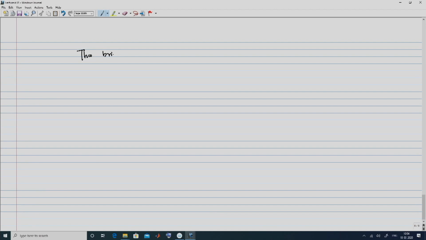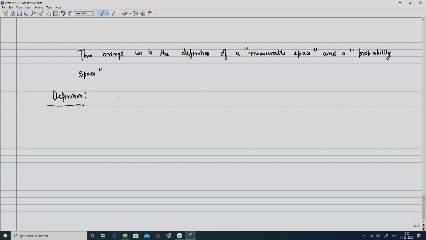Alright, so this brings us to the definition of a measurable space. So, we will first have to define what is a measurable space, and then we will define what is a probability space, just like we had done in the finite discrete case. So, first definition is on what is a measurable space.